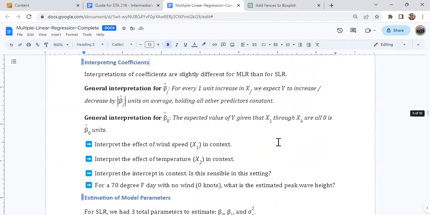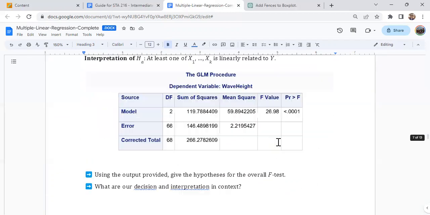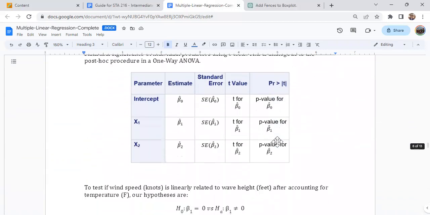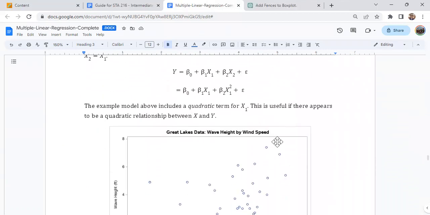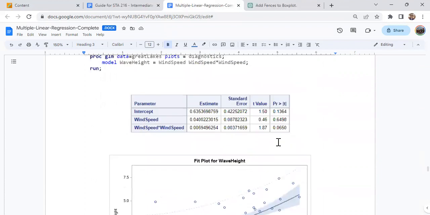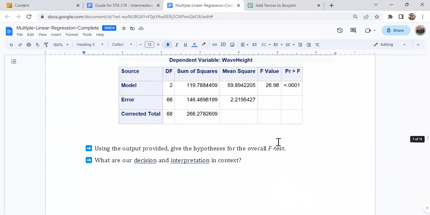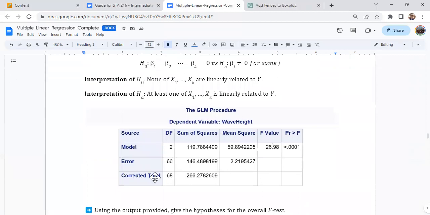Oh, I guess it hasn't said in the output yet, but if we go down, using what we know about the ANOVA table, which we hadn't talked about yet, this bottom cell here in the degrees of freedom needs to be n-1.